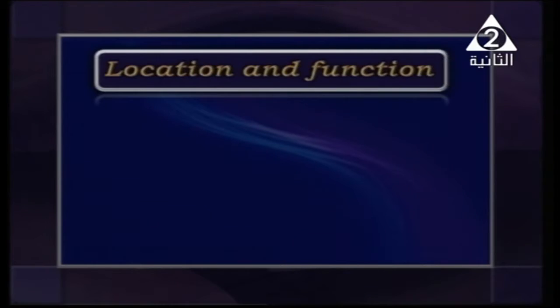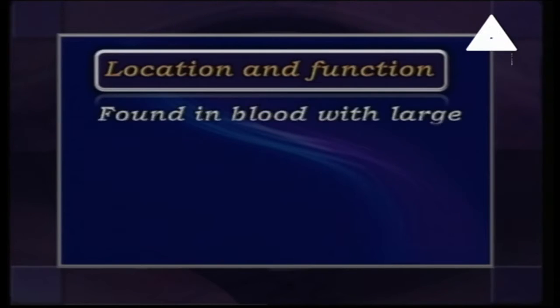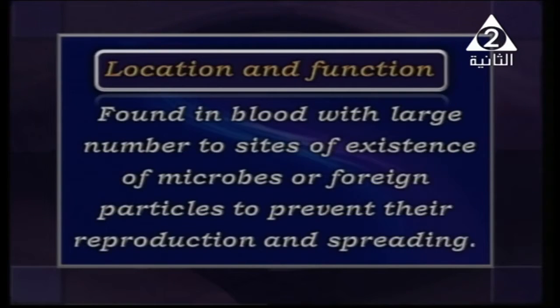As for their location and function, they are found in the blood in large numbers at sites of existence of microbes or foreign particles, to prevent their reproduction and spreading inside your body, if they are microorganisms that have the ability to reproduce and spread inside your body.